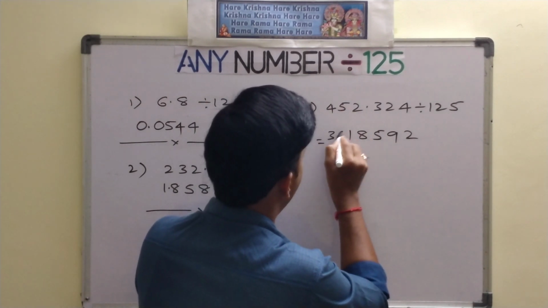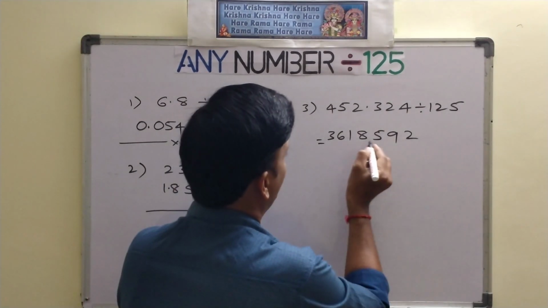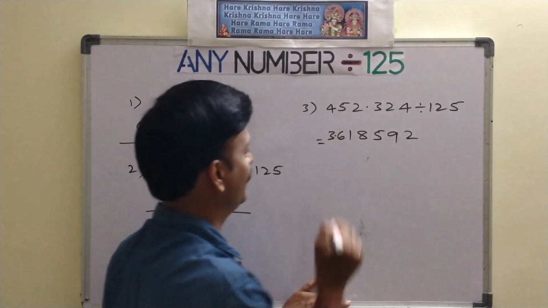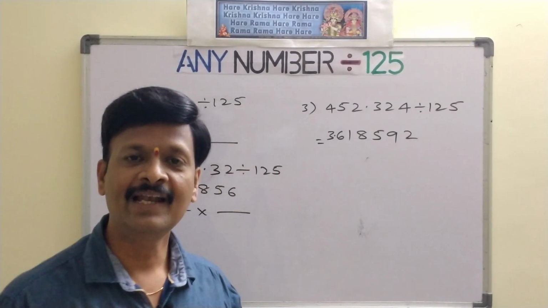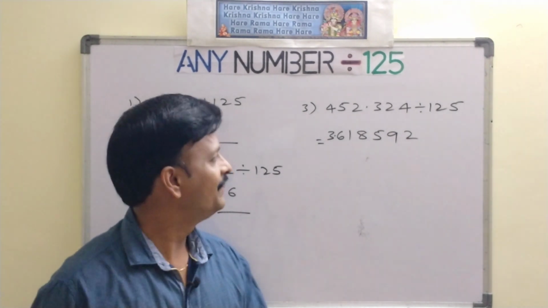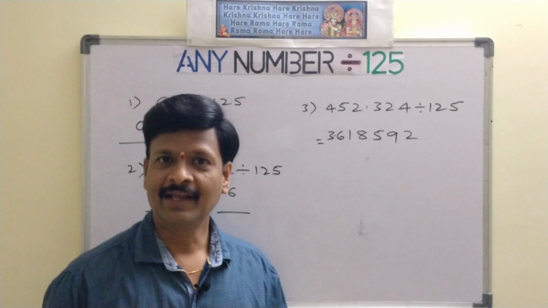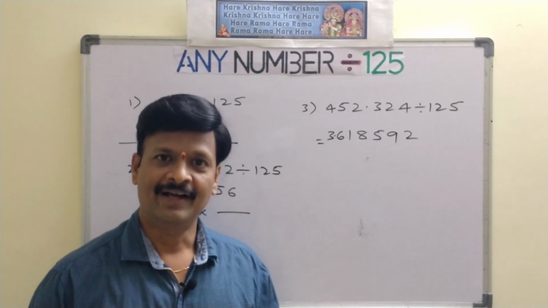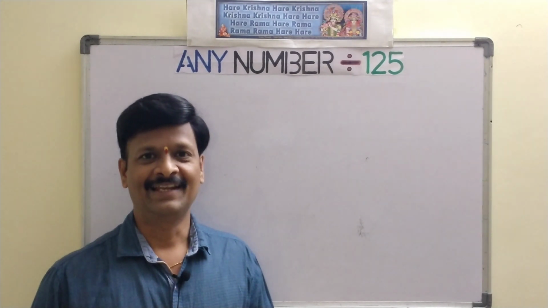And where to put the point? The point will be here. That is 3.618592 is the result when you divide by 125. So like this, within one step, within 5 seconds of time, we can write the answers very accurately and very fast. Now we try to understand the technique behind this fast calculation.